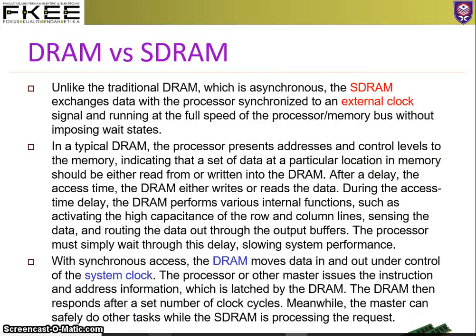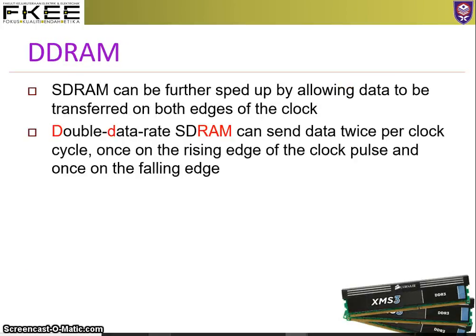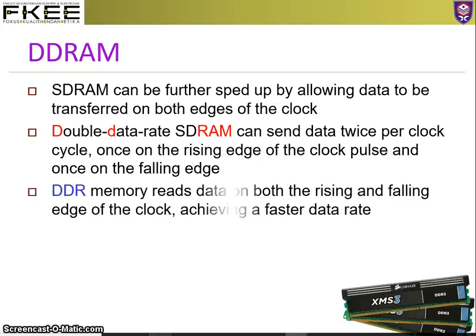It is very fast, and the data rate is called single data rate because the data is sent once per bus clock cycle. SDRAM is much faster compared to DRAM, and DDR is much faster because we have double data rate. The data is sent twice per clock cycle, on the rising edge and on the falling edge.